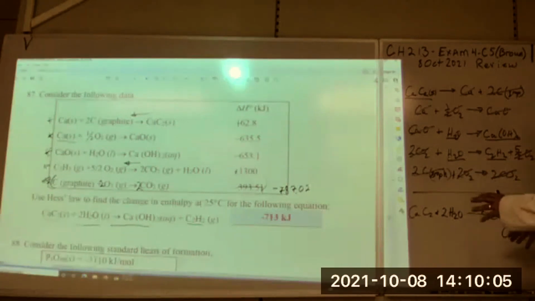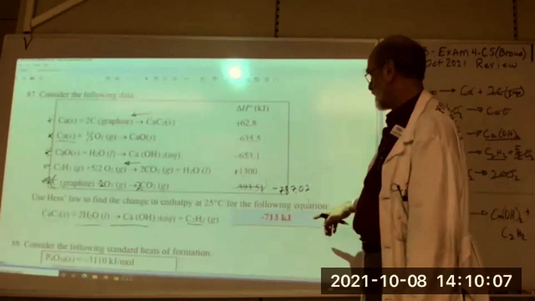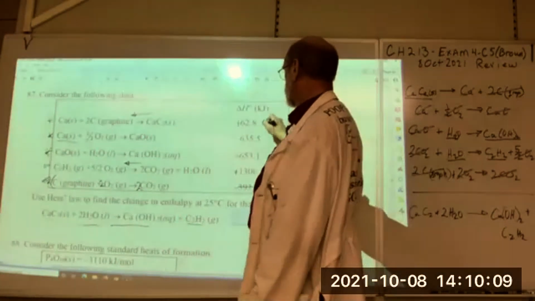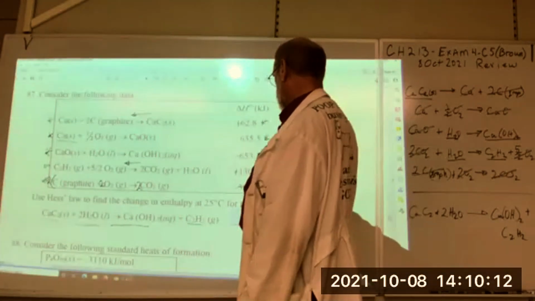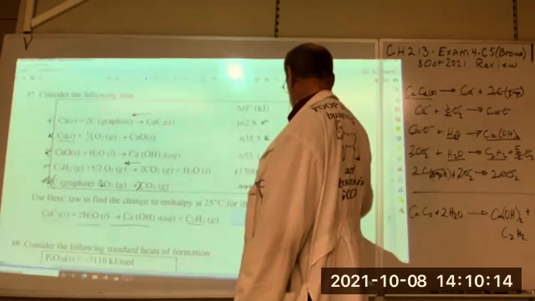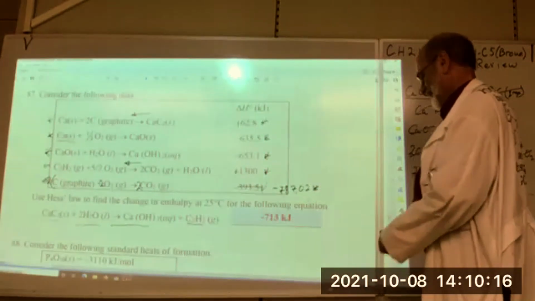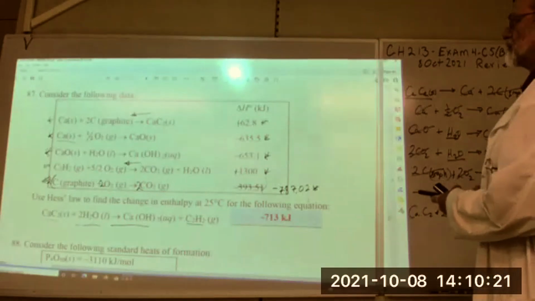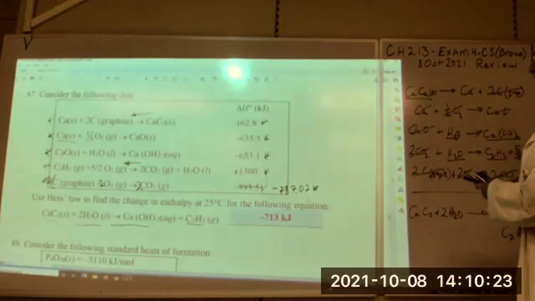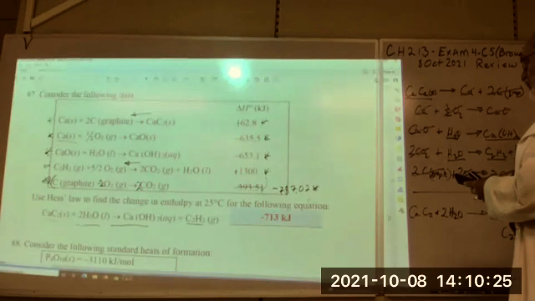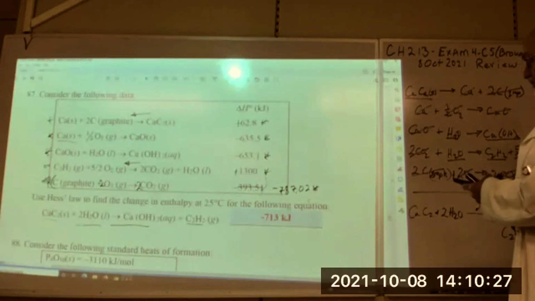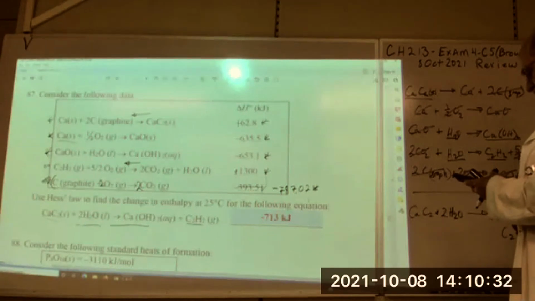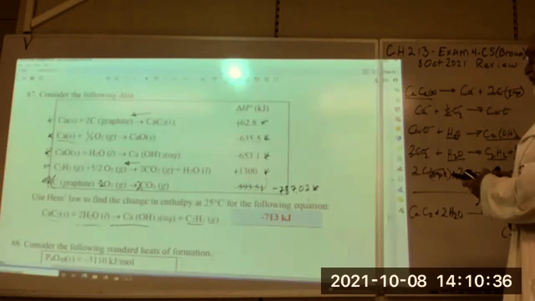Oh, that's good. So now we can add these values up. We're going to use this one, this one, this one, this one, and this one. All right, let's see if I get the same numbers. 62.8, these are all in kilojoules, minus 635.5, minus 653.1.